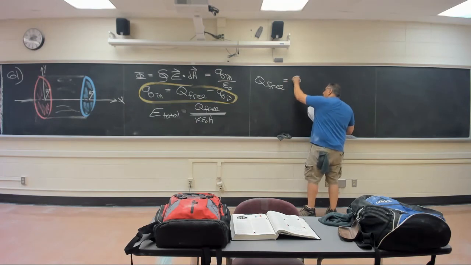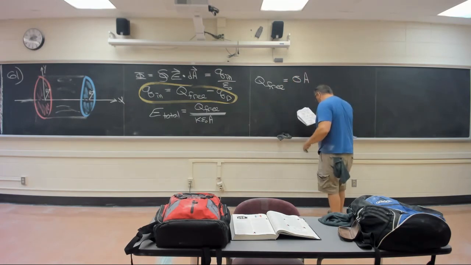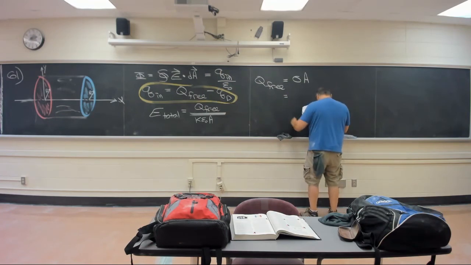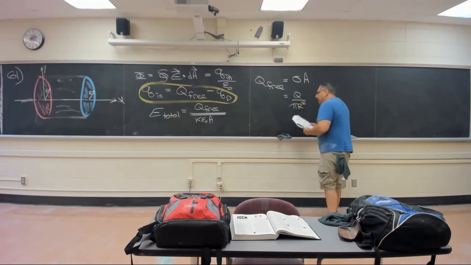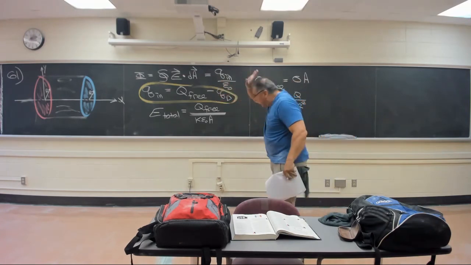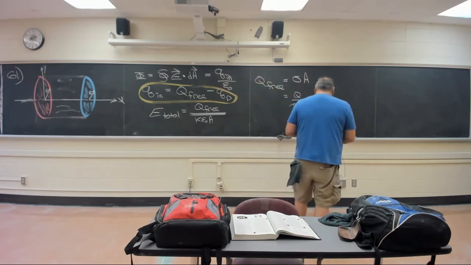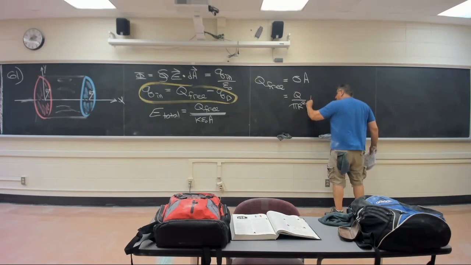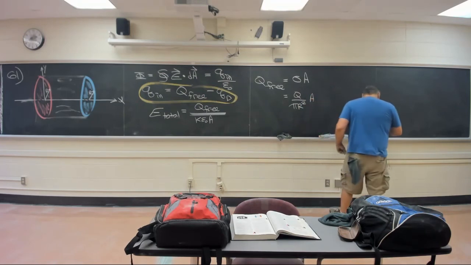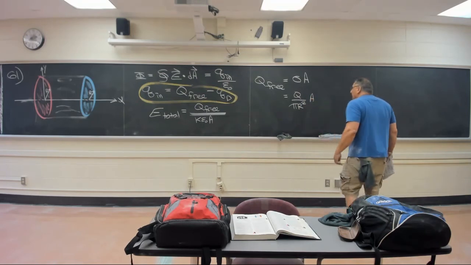Q free is going to be some effective sigma times A. Now, we've been there. In this case, the R squared is the big one. Q over pi R squared times A will give you the free.